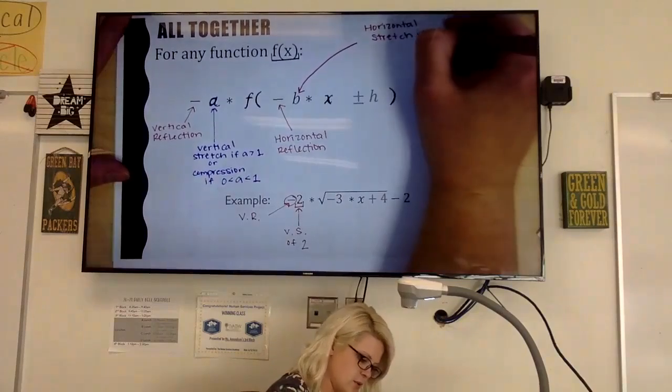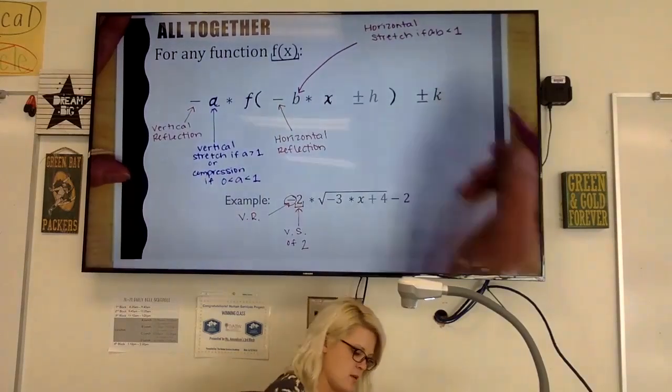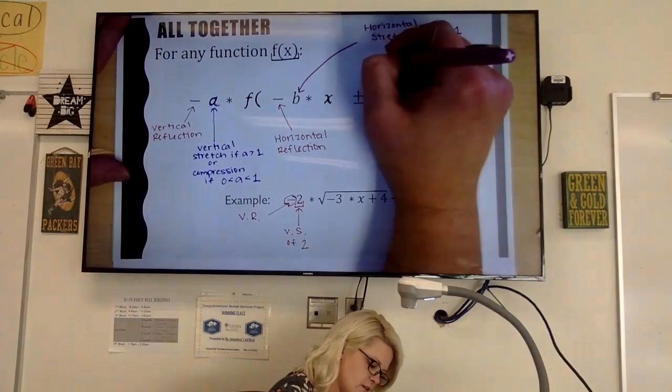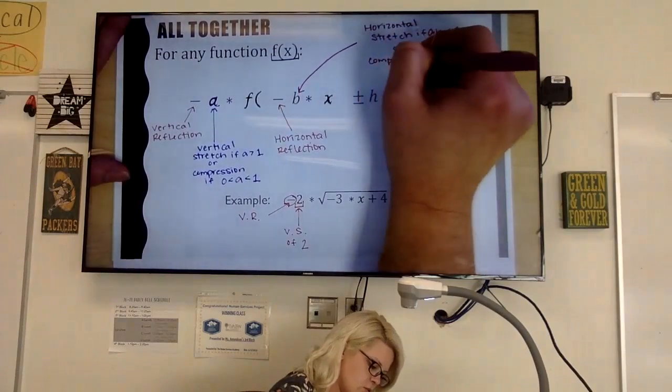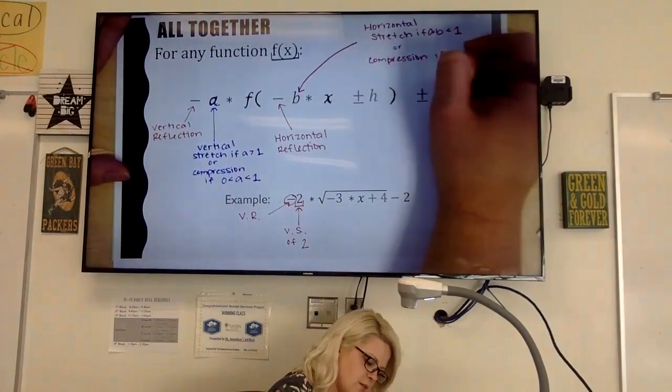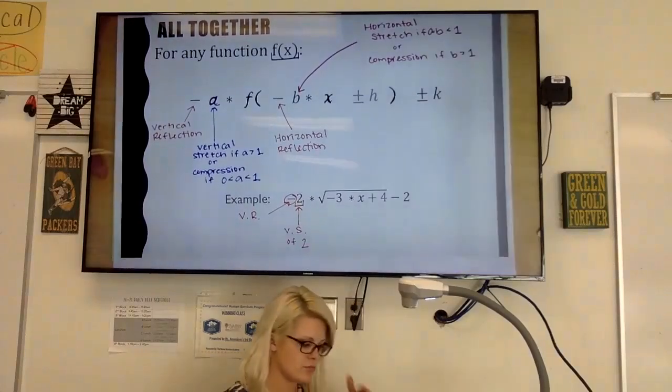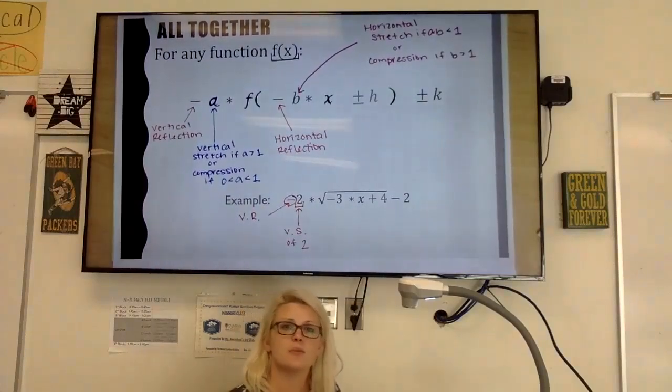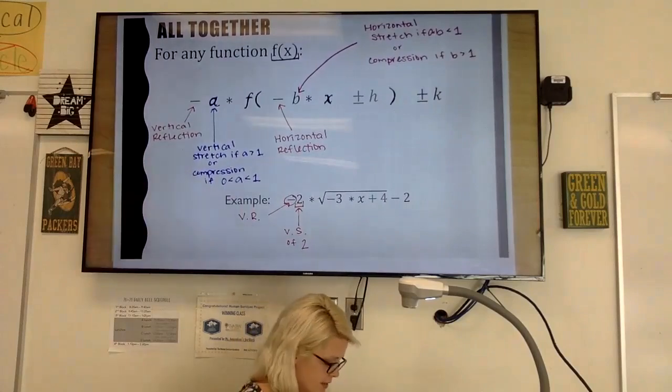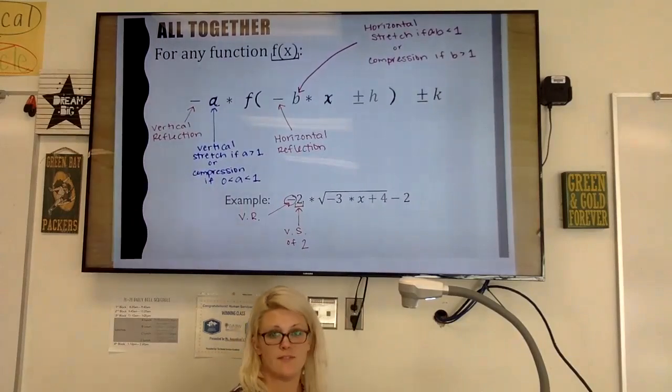Or between 0 and 1, sorry, we should say. Or compression if your B value is greater than 1. And the weirdest thing here is if I ask you what's that factor, like stretched by a factor of 3 or compressed by a factor of 1/2.